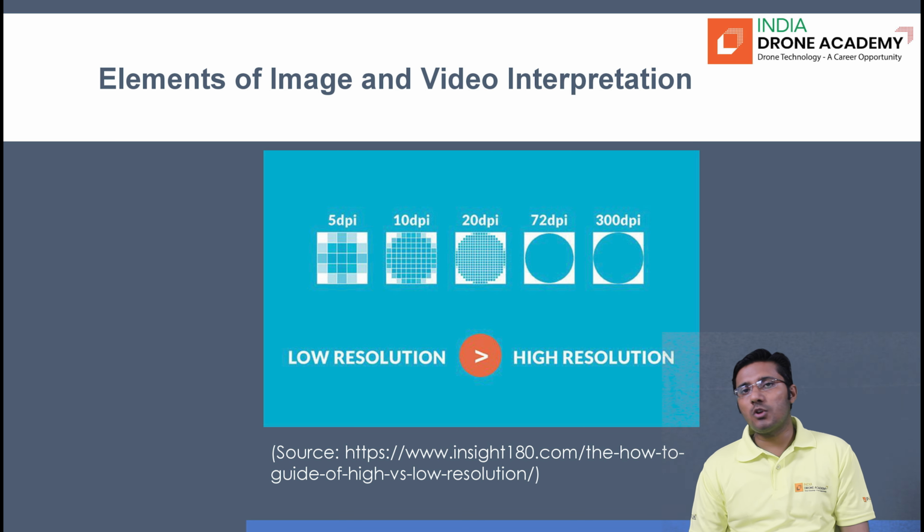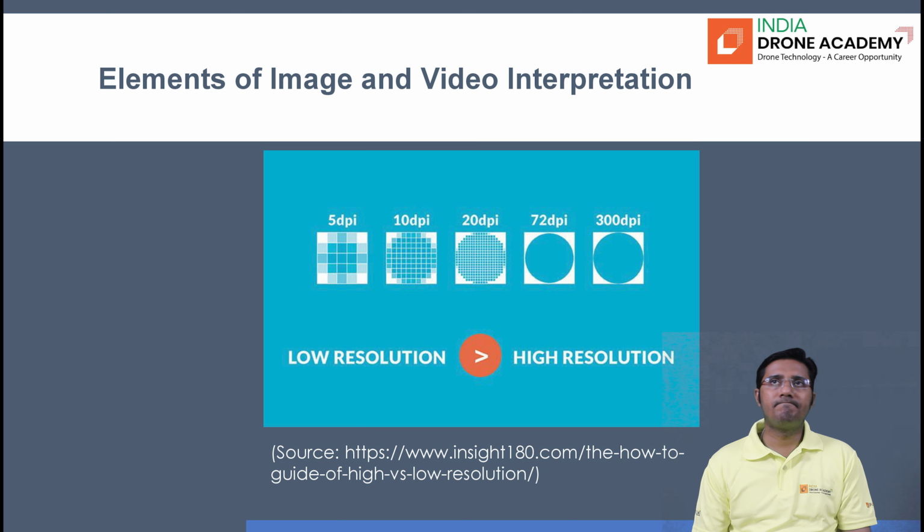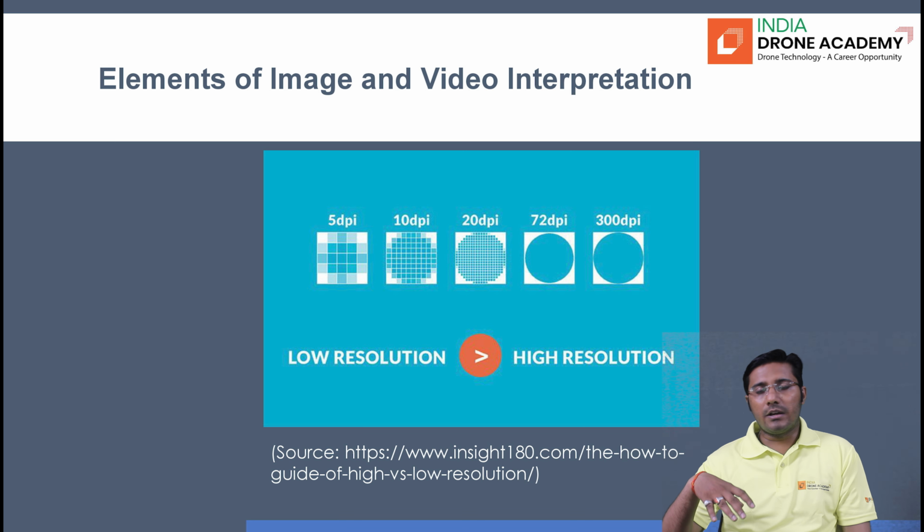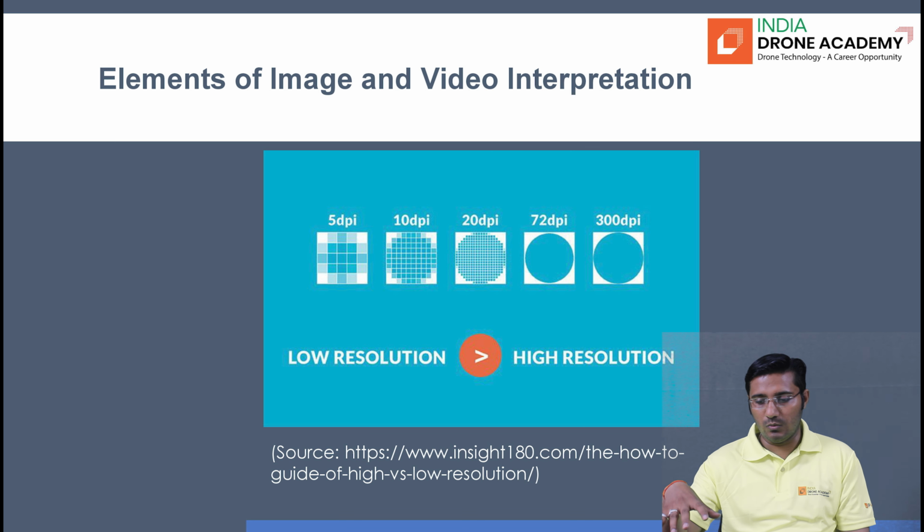So with resolution we can understand this: let us say a picture is being taken by a drone or maybe a camera which is installed in an aircraft, vertically downwards, and it wants to take a snap of a surface and objects exactly below that aircraft.